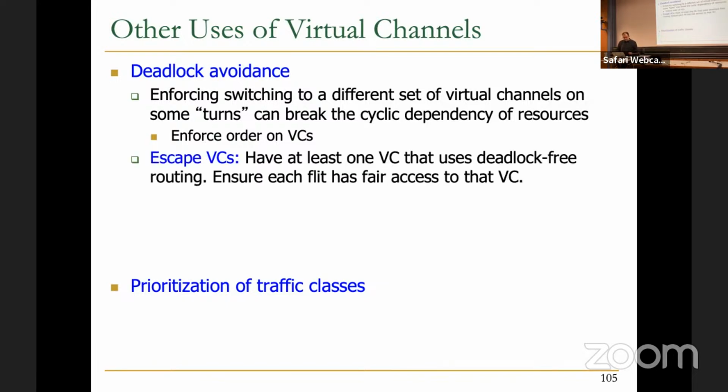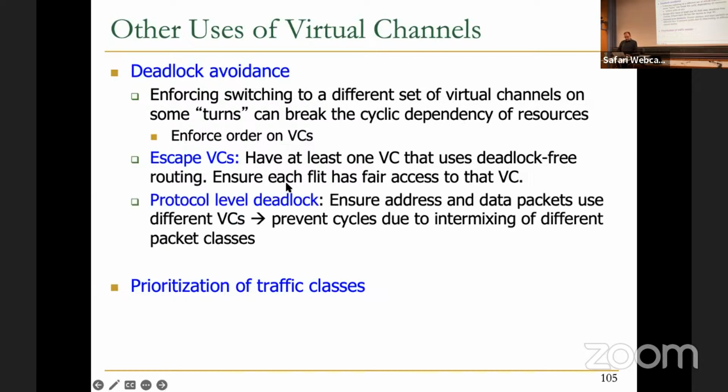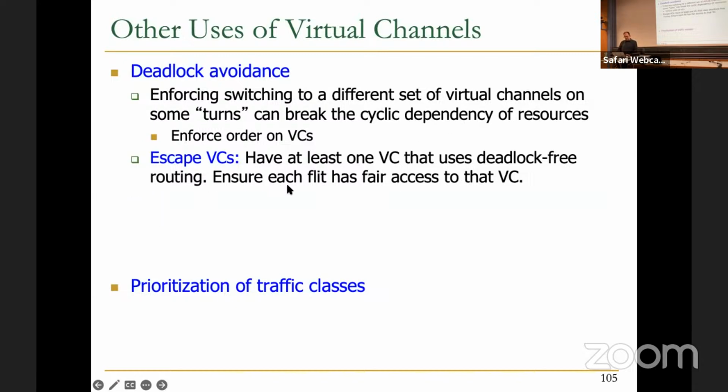You can also allocate some virtual channels as escape VCs, which was proposed in Duato's algorithm, if I'm not mistaken. You let all packets take every possible path, like fully adaptive routing. But once you detect a deadlock, you have some escape virtual channels that use deterministic routing.